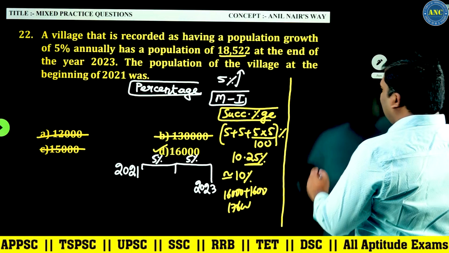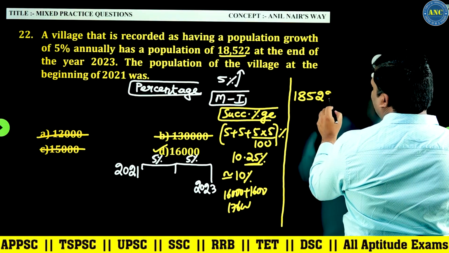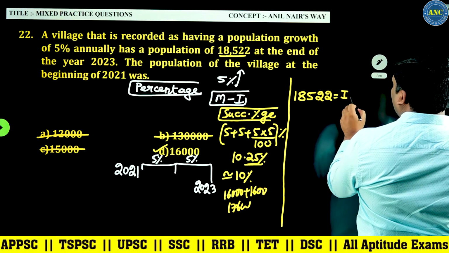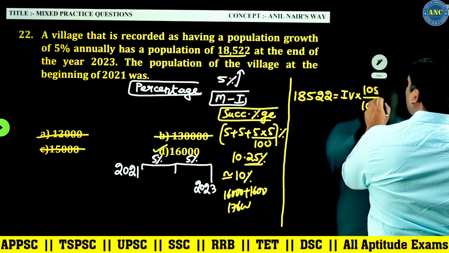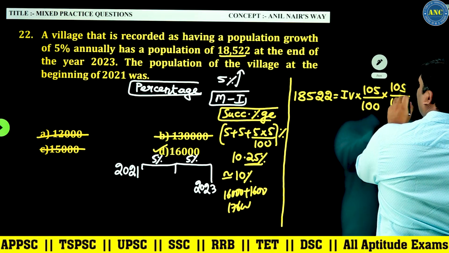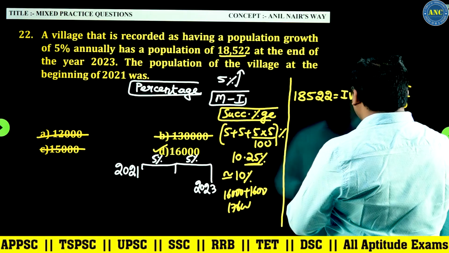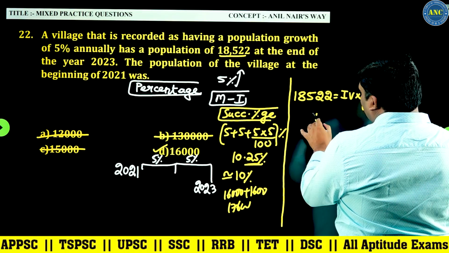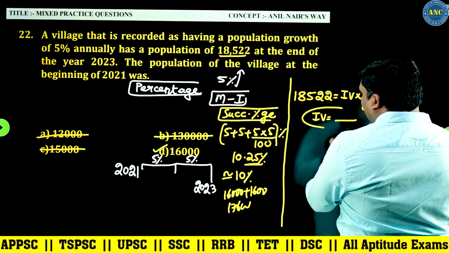Or the next way: final value is 18,522. Initial value, on 100 there is an increase of 5, so 105. Again second year, on 100 there is an increase of 5, so 105. Calculate this one, that also will give you the answer. I hope the idea is clear.